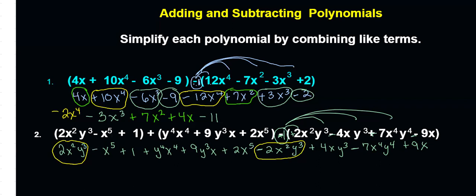These are canceling each other out. All right, now let's just go to the -x to the 5th. Do we have any other x to the 5th? Here's an x to the 5th. And I think that's all I see. Well, a -1 and a +2 leaves you with a +1.